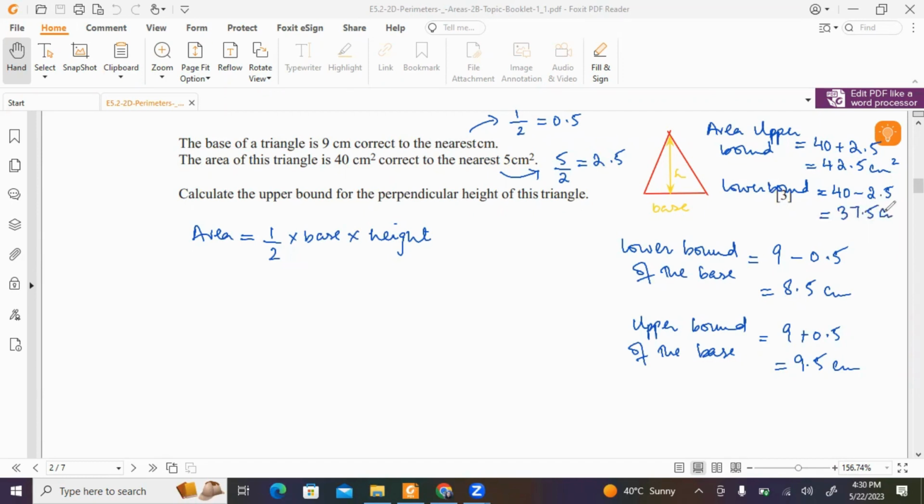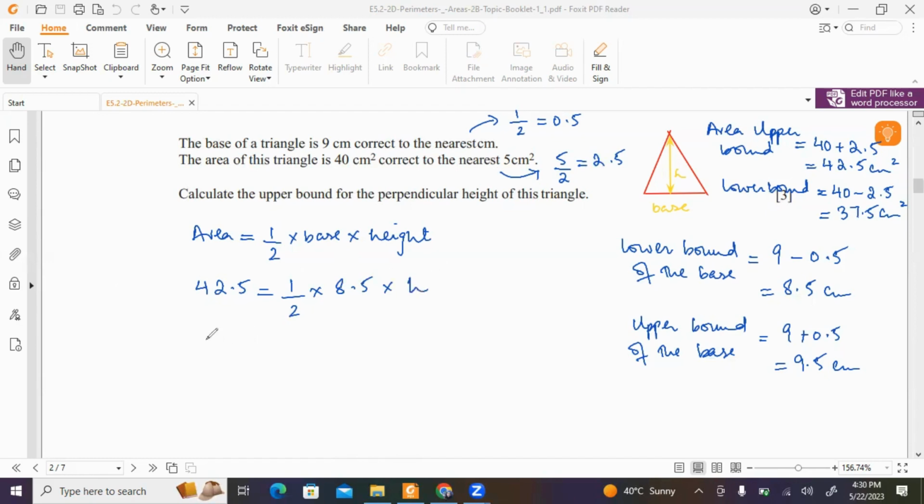So keeping that in mind, since we have to calculate the upper bound for the perpendicular height, we will use the upper bound for the area, hence 42.5, and half times. And since the height has to be the upper bound, we will make the base the lower bound, so it's going to be 8.5.